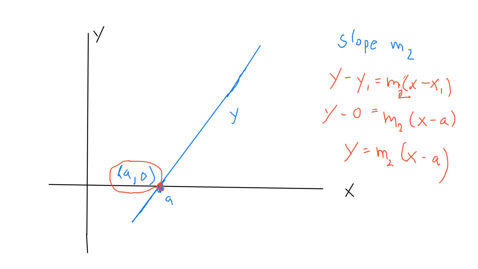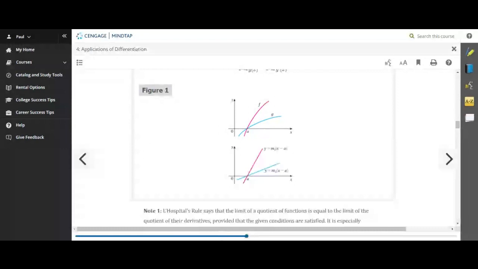So if we go back to the picture now, in the ebook, in Figure 1 from section 4.5, the blue tangent line has equation y equals m2 times x minus a, and the red tangent line has equation y equals m1 times x minus a, where m1 is the slope for that red tangent line.